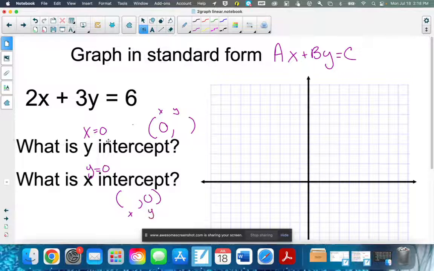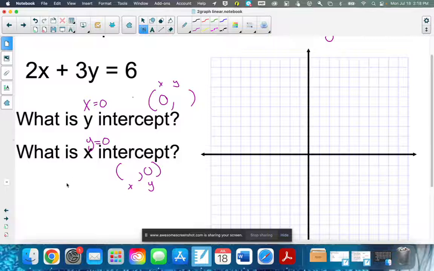So it's very easy. If I want to find the y-intercept, I have to make my x equal 0. So I'm going to substitute 0 in for x. So if we substitute 0 in for x, we get 2 times 0 plus 3y equals 6. Well, anything times 0 is just 0.